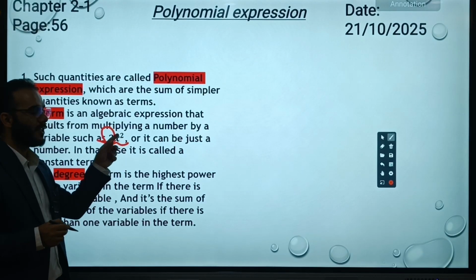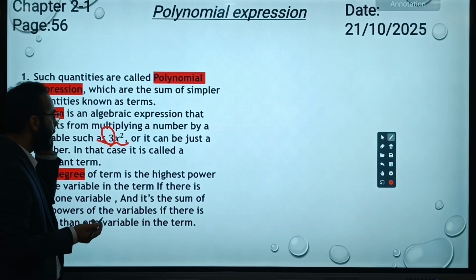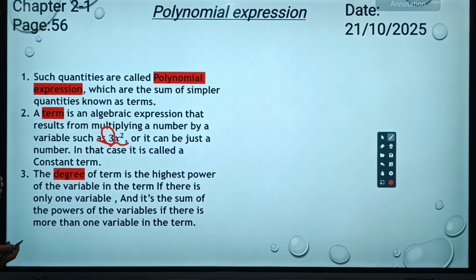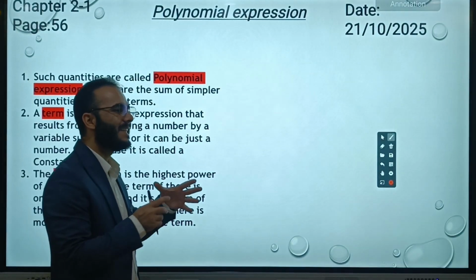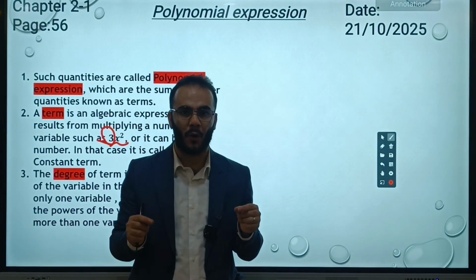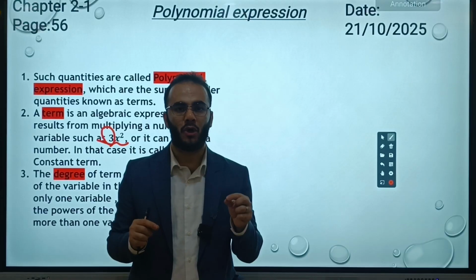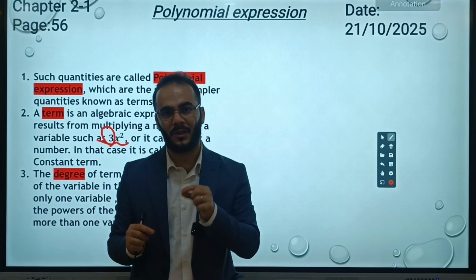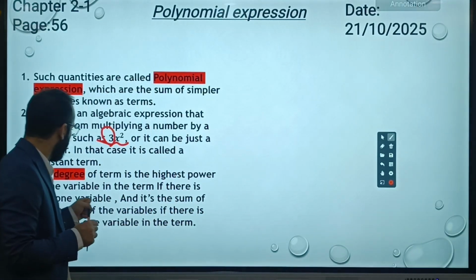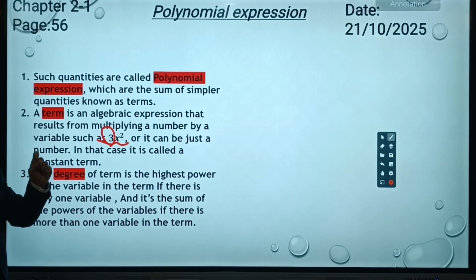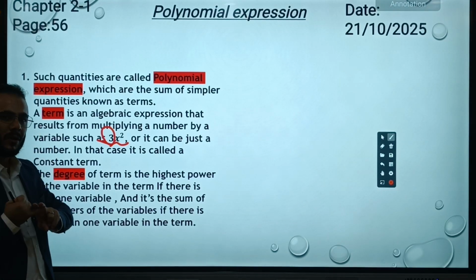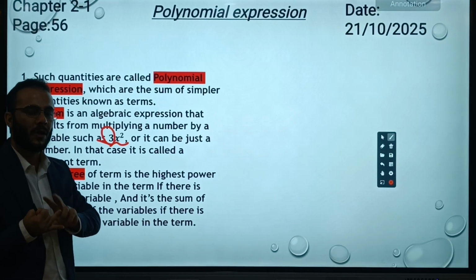The variable is x, so x squared here. Or a term can be just a number. Whenever a term is just a number, in that case we call it a constant term. That is regarding terms. So we have two types of term, algebraic term and constant term.